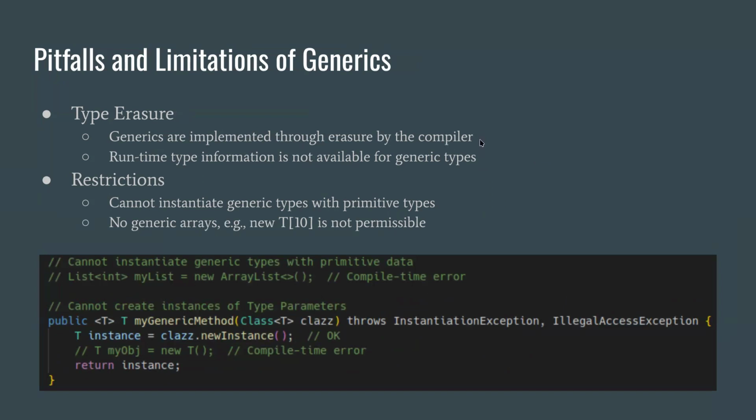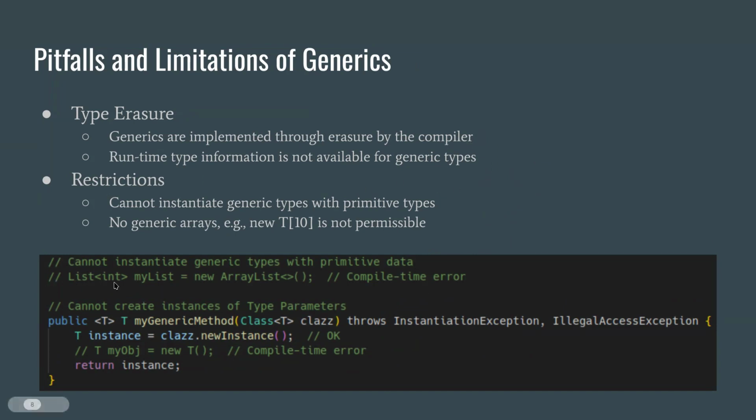This can limit certain operations, and generics also cannot be used with primitive types, and you cannot instantiate an array of a generic type due to this erasure. Understanding these limitations is key to using generics effectively.